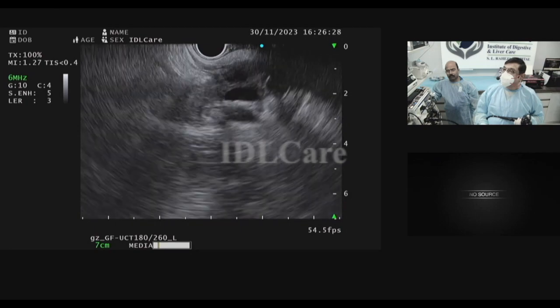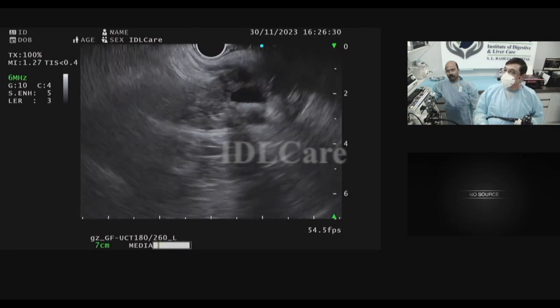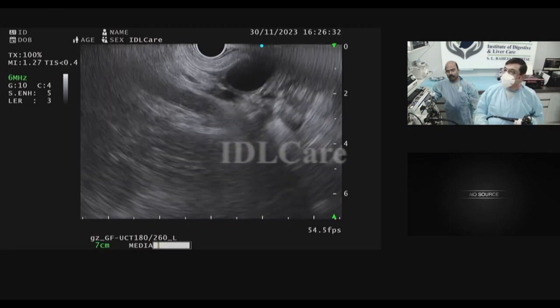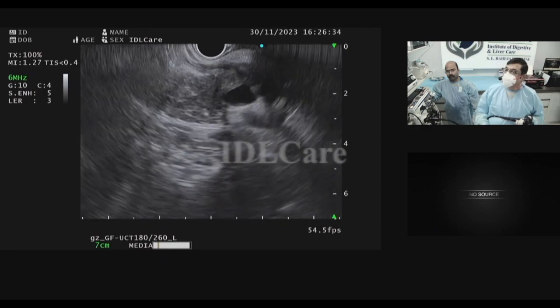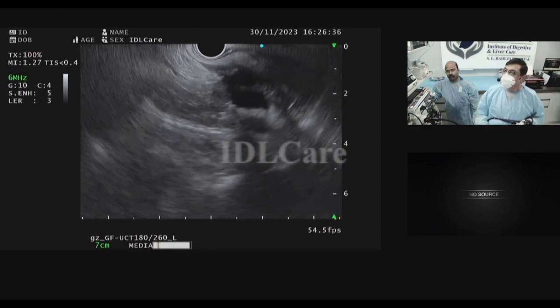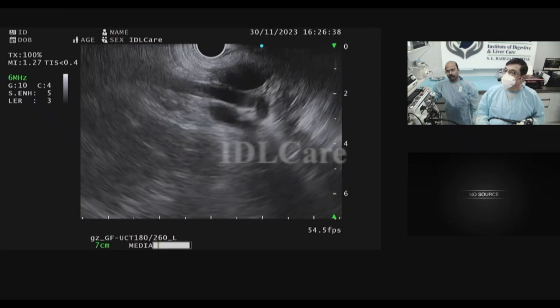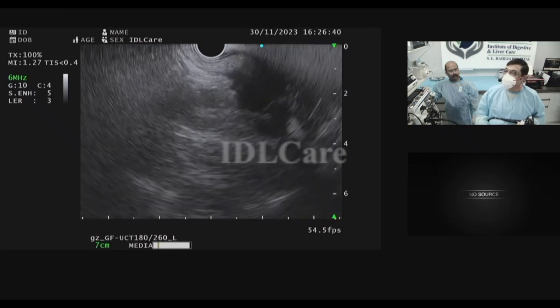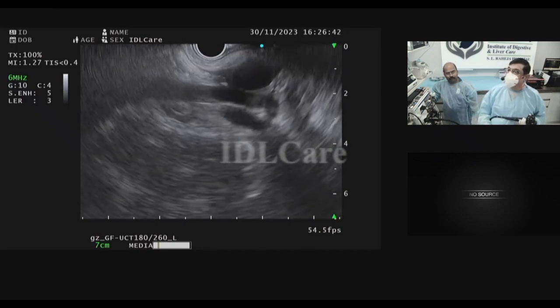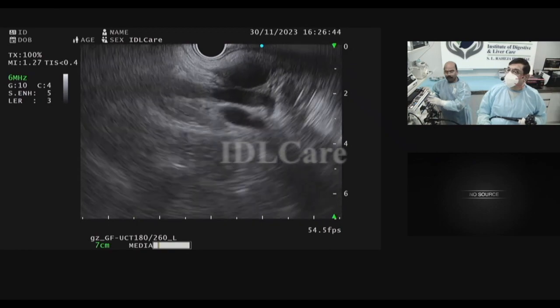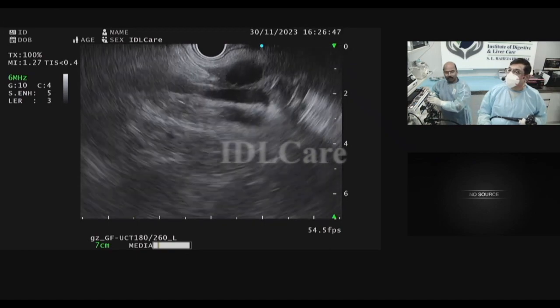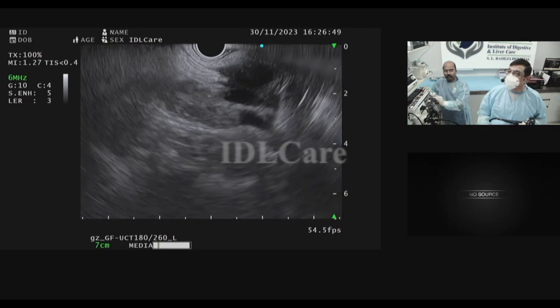So you see the bile duct, it's coming here and to the SMA. I don't see a stone unfortunately, so we'll have to go to the duodenum to confirm what is happening there. So the head of the pancreas can be visualized well.